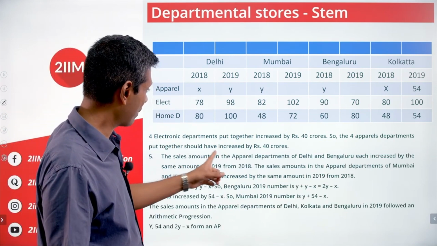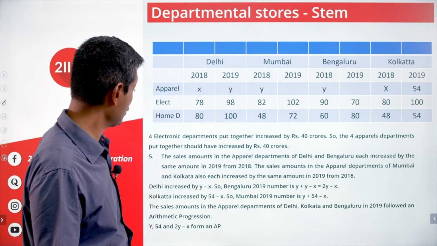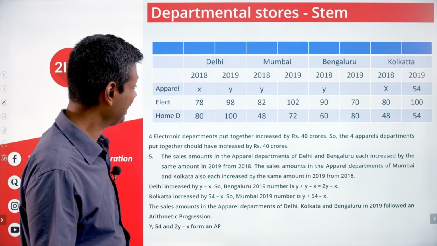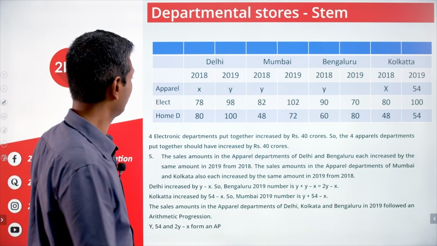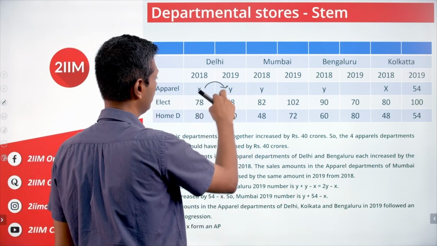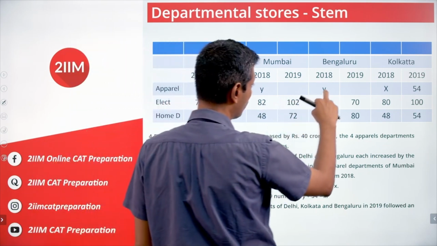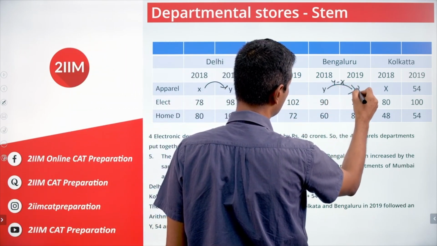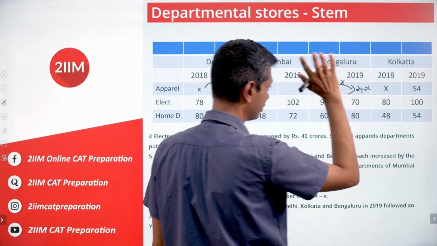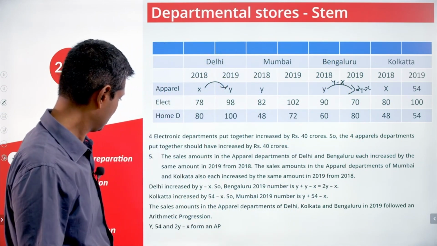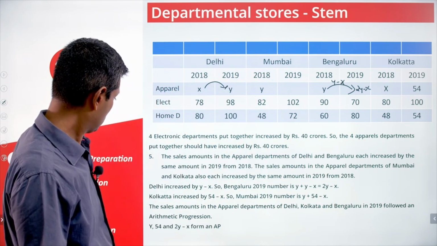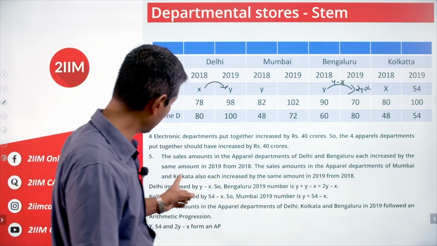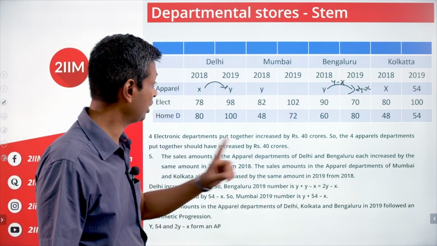The sales amounts in apparel departments of Delhi and Bengaluru each increased by the same amount in 2019 from 18. Delhi and Bengaluru increased by the same thing. This goes from X to Y, the increase of Y minus X. It should go from Y to something increasing by Y minus X. Or this becomes 2Y minus X. Lovely. So sales amounts in the apparel departments of Mumbai and Kolkata also each increased by the same amount.